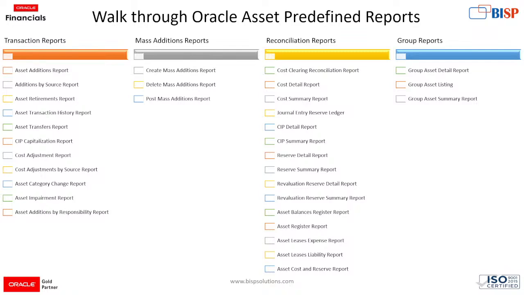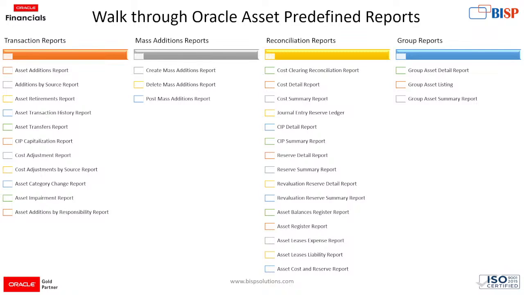And if I go to the cost detail report, it provides you with a list of asset level, asset cost, account balances for a specific period. Then there is a cost summary report. It provides the list of cost account summary balances for a specific period.